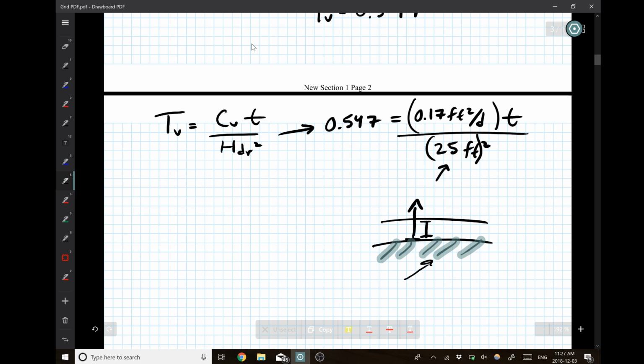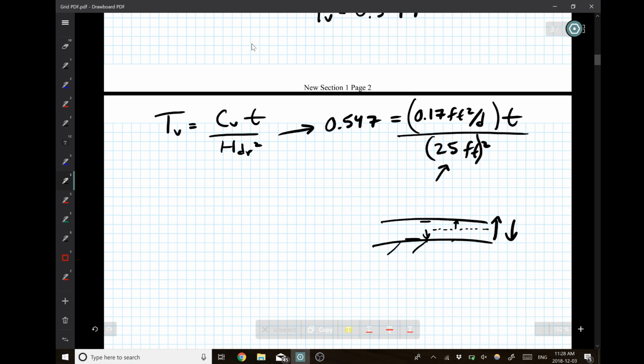Whereas if this wasn't impermeable, then the water could go out either direction. If it's above the center, it's going to prioritize going this way, and if it's below the center, it's going to prioritize this way. So if it wasn't an impermeable stiff clay, then the height would be 12.5 feet.